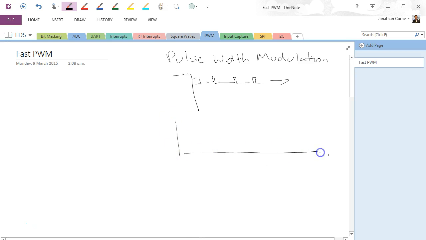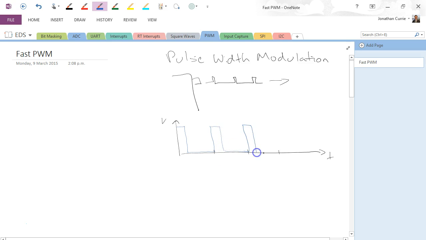So, if I have a waveform, so this is time, this is voltage, and these lines represent periods of equal time. PWM would look something a little bit like this.